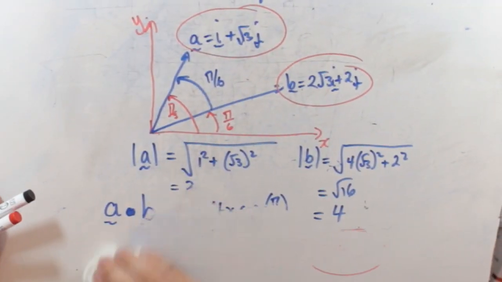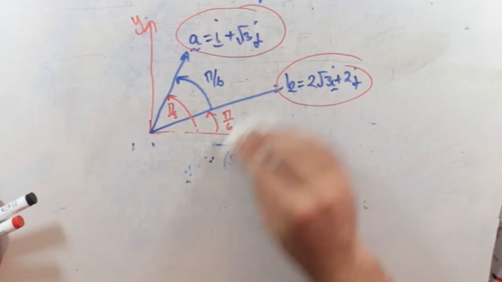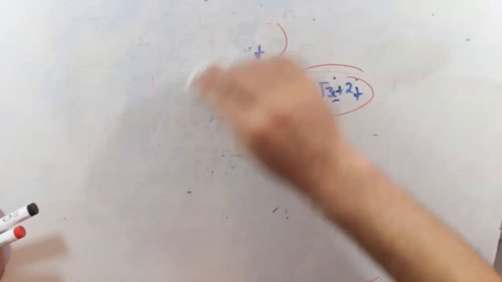All right, so we can use this solution to calculate angles between vectors. It's much easier to calculate the angle between the vectors using a dot product.